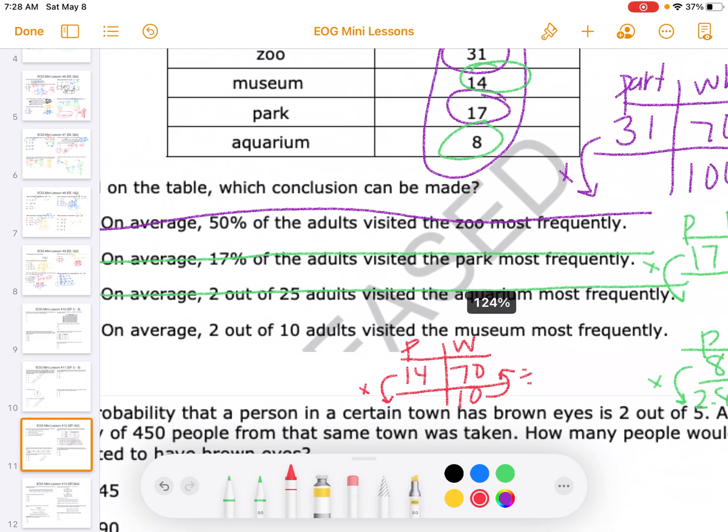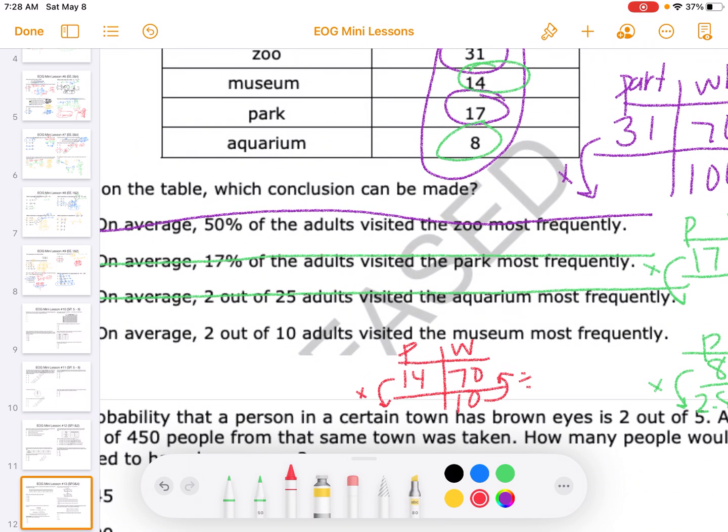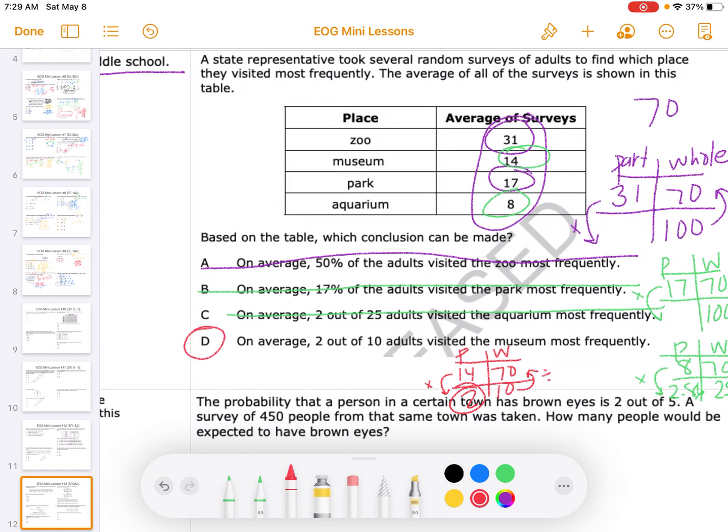And I get 20. No, I think I divided wrong. 10 divided by 70. There we go. That's better. Times 14. And I get 2. I put in 100 in my calculator. That's why I got it wrong. And then I had to look back at my table and see what I should have put in. So D is the correct answer.